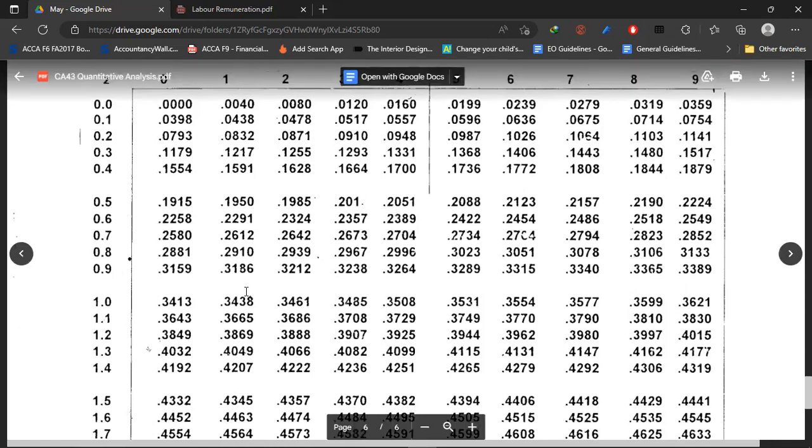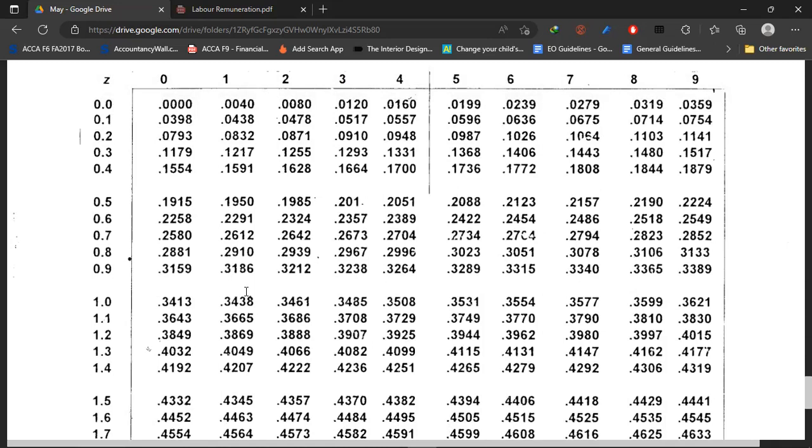You get a probability of 0.3438. I know everyone has seen how you can check it from the normal distribution tables. 1.0, then you go to 1, and you are going to get 0.3438.